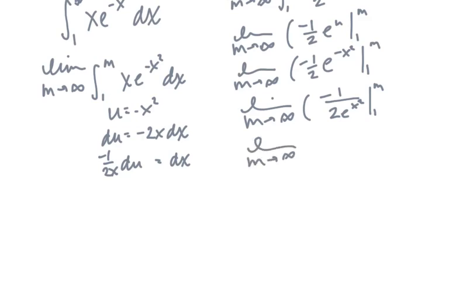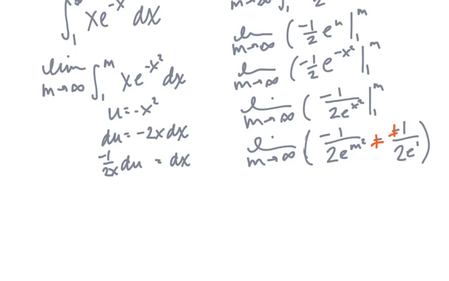It's a little easier to see your limit in that case. So we have the limit as m approaches infinity of negative 1 over 2 e to the m squared. That's a little hard to read. Let me see if I can make it a little bigger. Minus negative 1 over 2 e to the first squared, which is e to the first. Two negatives make a plus, and then let's think about this infinity.